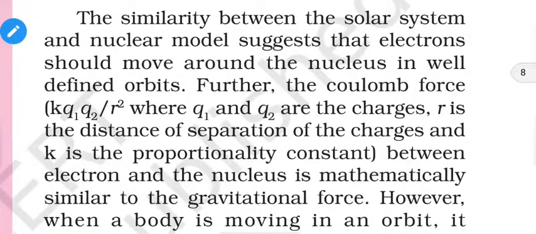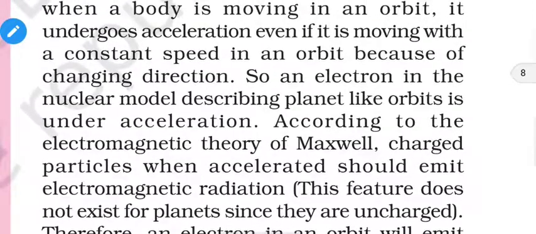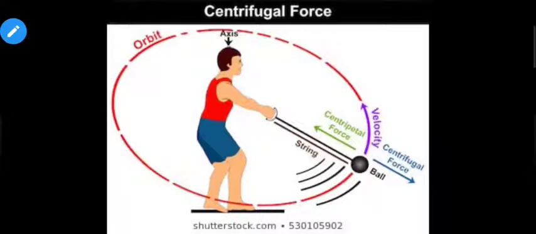However, when a body is moving in orbit, it undergoes acceleration even if it's moving with constant speed, because of the changing direction. This is an example of this type of scenario. As we can see here, a boy is rotating a metal ball tied with a string. When this ball is rotating in circular motion, it continuously gets accelerated.